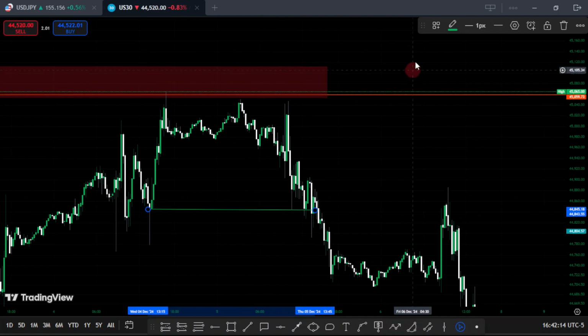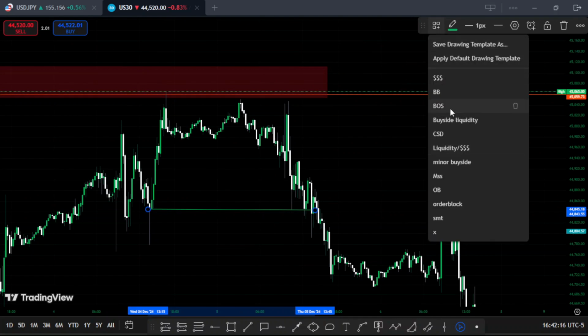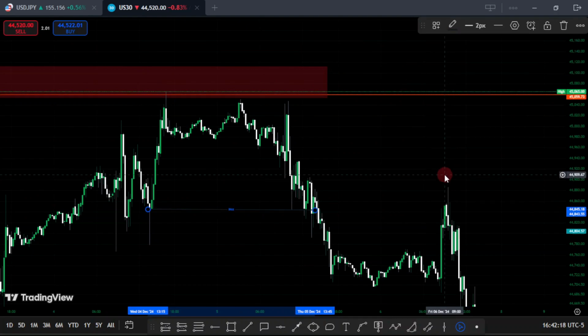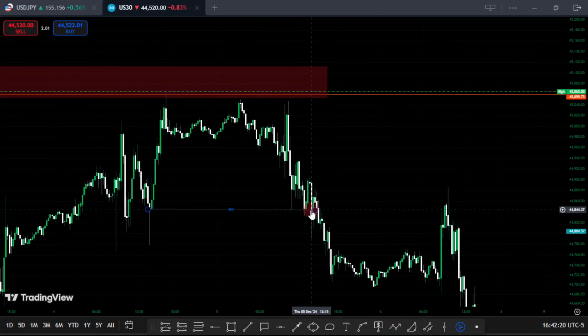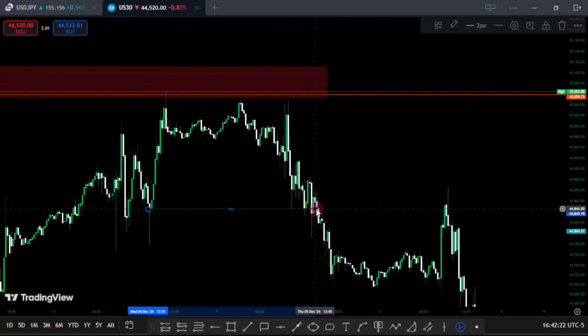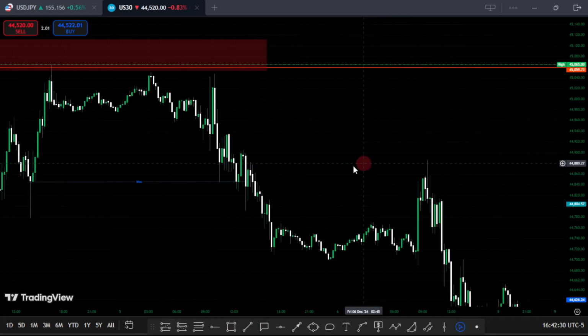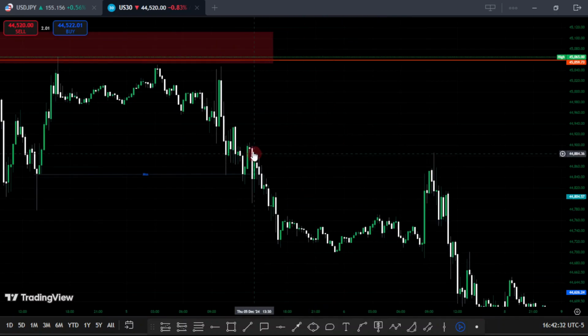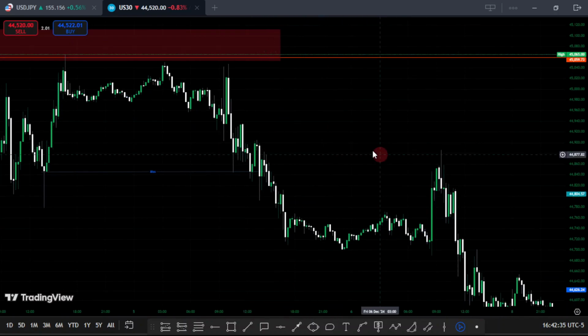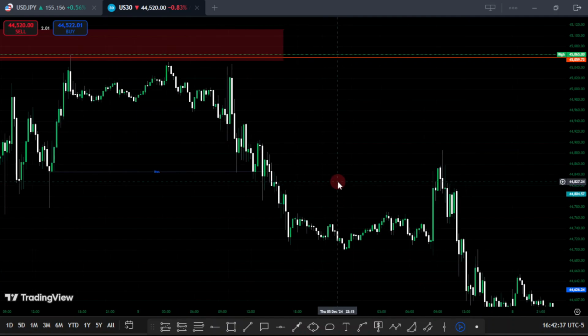Price breaking this, we call this a market structure shift. When price gives us a market structure shift, it gives you confirmation that price is going to continue going down. Now price is shifting into a downtrend. After giving us this market structure shift, the next thing we want to see is a corrective move.